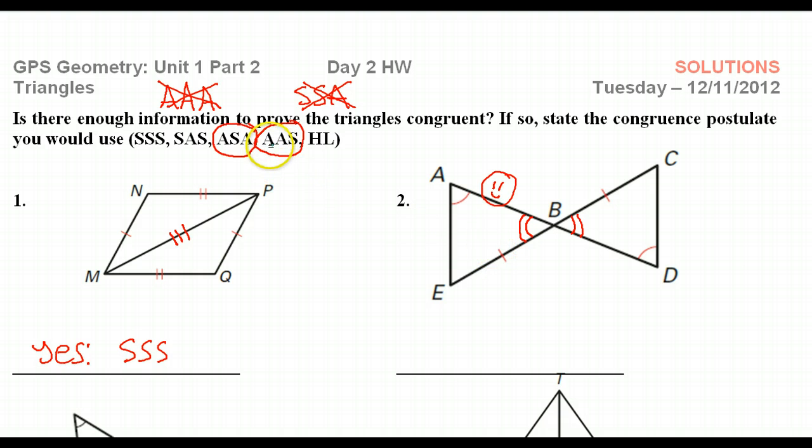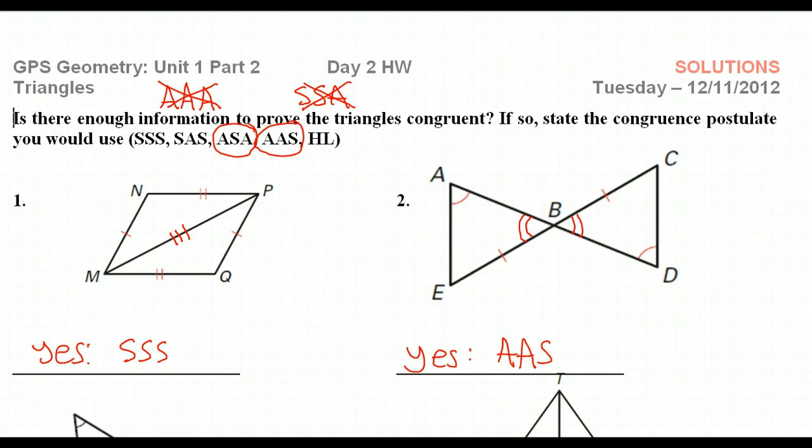That's why this is angle, angle, side, not angle, side, angle. So it is one of the ways we can prove triangles are congruent. So we will say yes, but the reason we will state is angle, angle, side. Two angles and the non-included side means angle, angle, side.